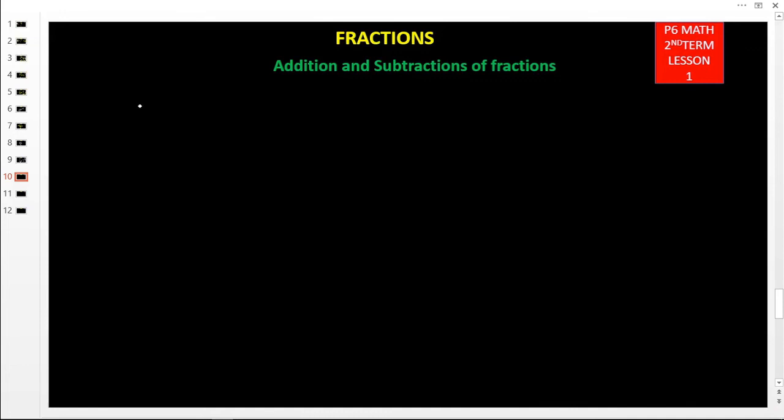So our number one is saying add the following fractions. So we have part A, we are having a quarter plus an eighth.